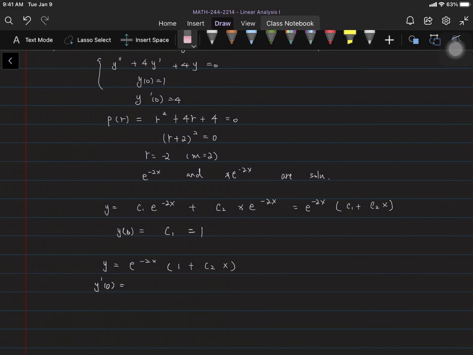So we just want to find the derivative. Firstly, we definitely need to find y prime because we're going to use the initial condition y prime.